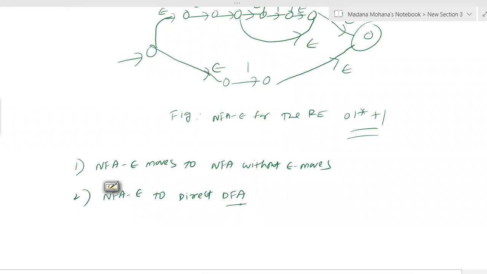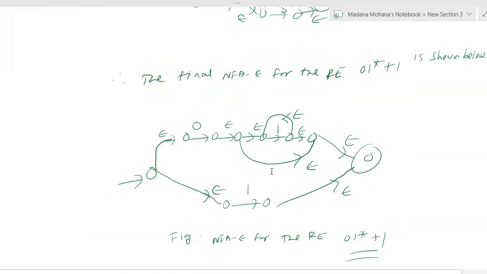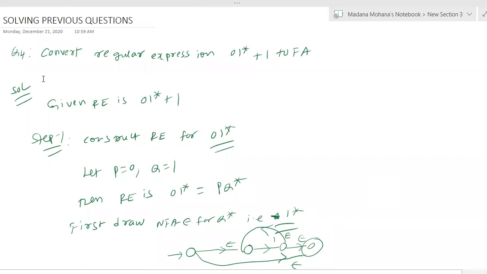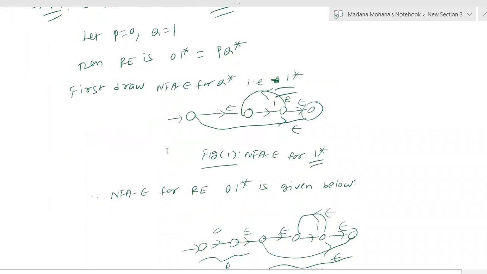If the question is construct DFA, use this one. If the question is construct a finite automata without epsilon, use this one. Or simply finite automata, if the problem is complicated, a larger problem, you can stop here itself. But wherever continuous epsilon moves are there in between states without loops, you can remove unnecessary epsilon moves. So like that, for any given regular expression, we can construct its automata.